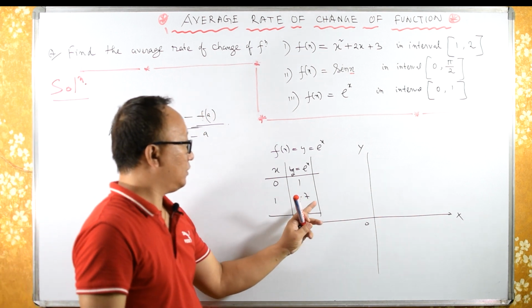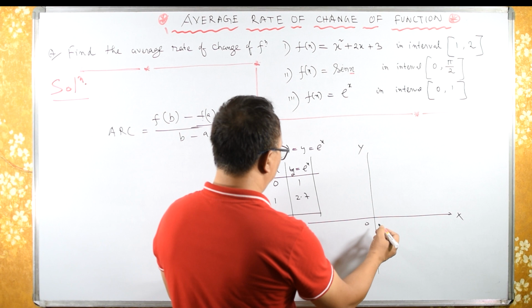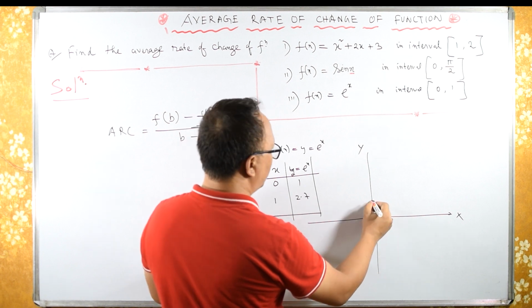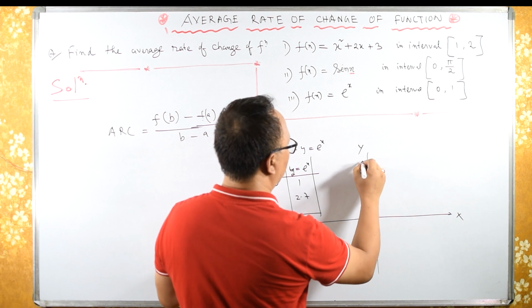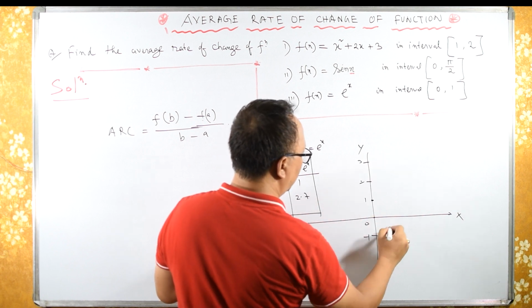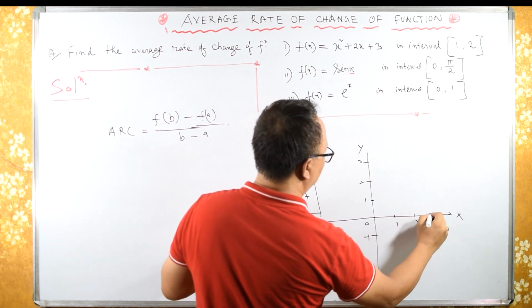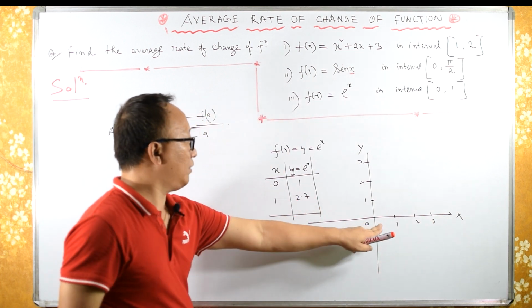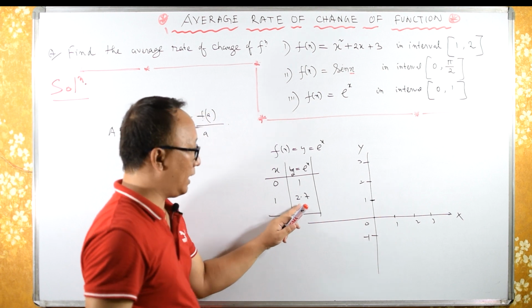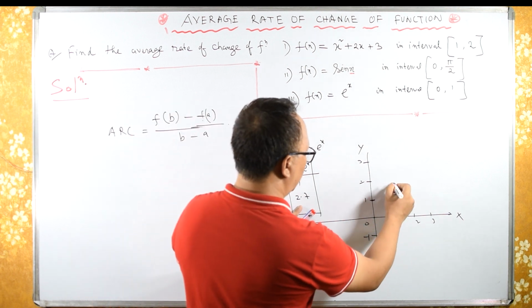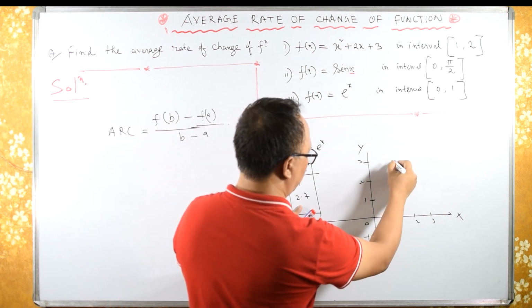So on this graph, when x equals 0, y equals 1 over here. Here 1, here 2, here 3, here minus 1, here 1, 2, 3. When x equals 0, the point is over here. And then when x equals 1, 2.7 is somewhere like this.